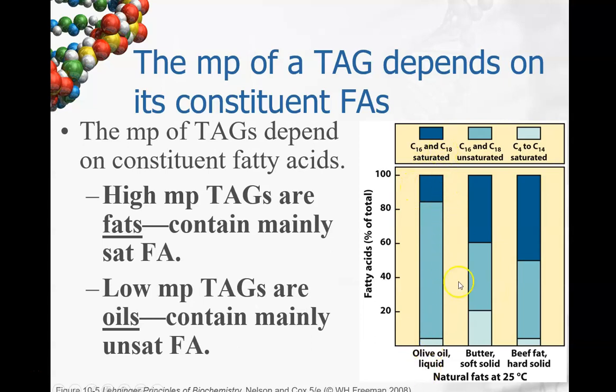So you can contrast that with butter and beef fat, where you can see this dark blue indicates that butter, which is sort of a soft solid, and beef fat, which is a hard solid, that the less liquidy you get and the more solid you get at room temperature, that indicates a high degree of saturated fatty acids. We're interested in that because for a variety of reasons, some that are understood and some that are not, diets that are high in saturated fats are correlated with heart disease. So that's why it's preferable to have a diet in which you use things like olive oil rather than butter or beef fat.